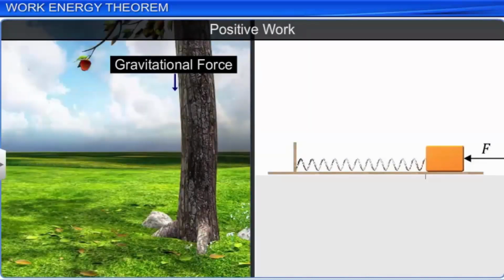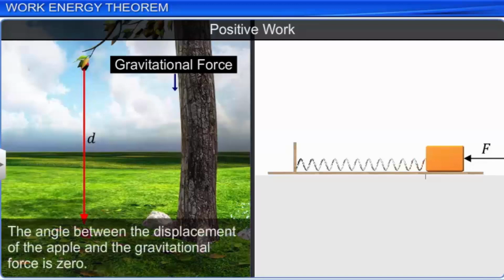An example of this is when an apple falls freely towards the earth. The work done by the gravitational force on the apple is positive. In this case, the angle between the displacement of the apple and the gravitational force is 0.